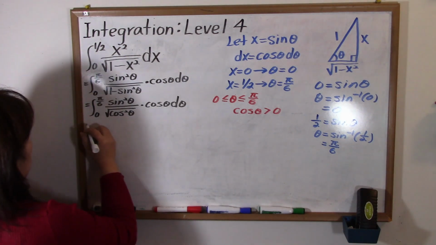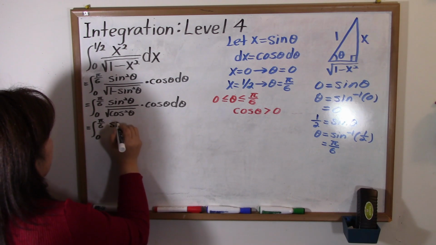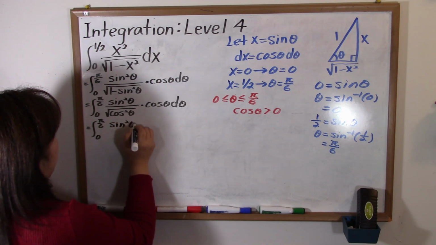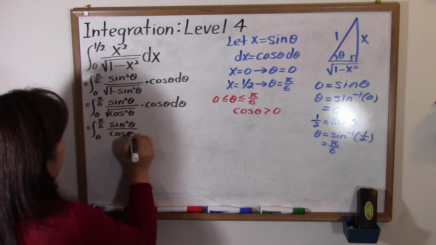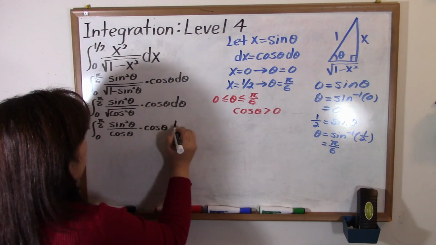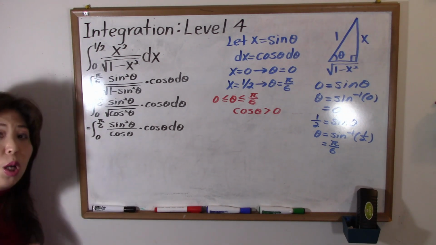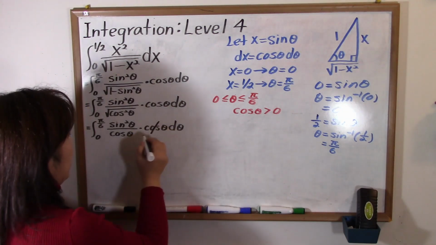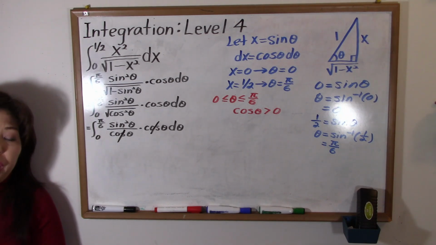So it is equal to the integral from 0 to pi over 6 of sine squared theta over cosine theta times cosine theta d theta. Now we can cancel cosine theta, and what is left over is sine squared theta.